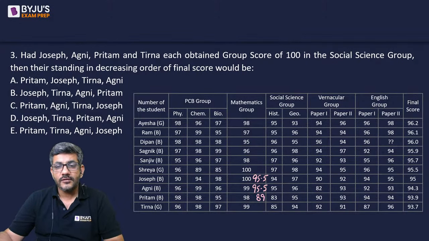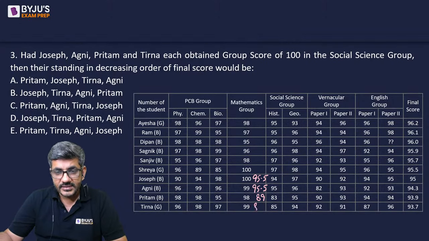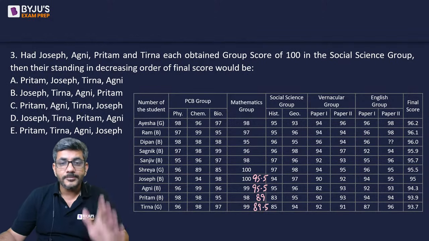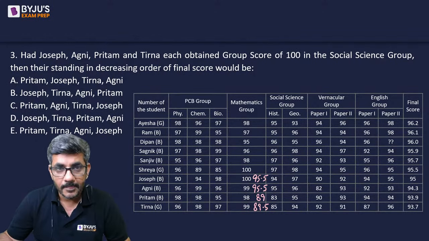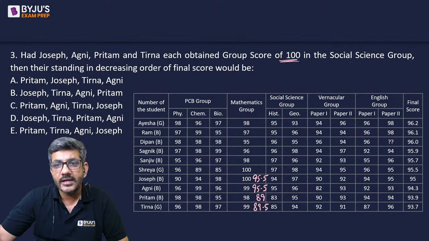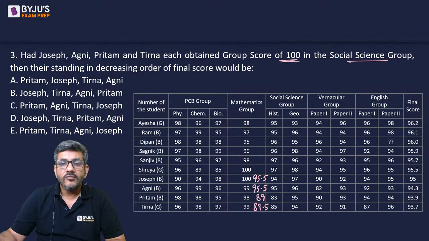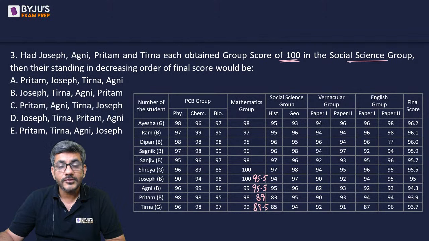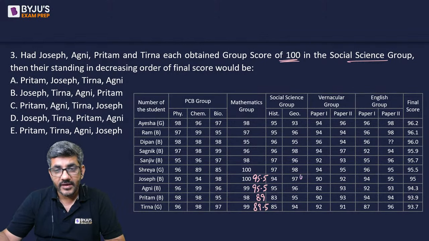And current group score of Tirna there is 89.5. These are their current group scores of social science. He says, what if they obtained a group score of 100 in the social science group? That means for Joseph, we are increasing his group score of social science by how much? 100 minus 95.5. We are increasing his group score by 4.5.